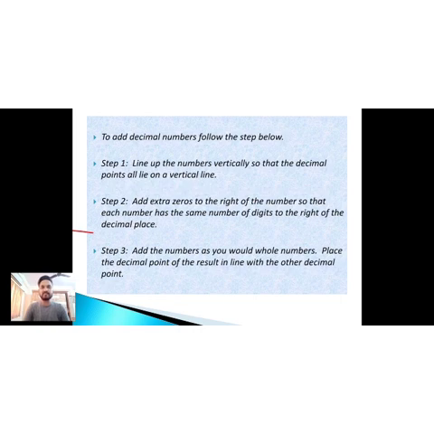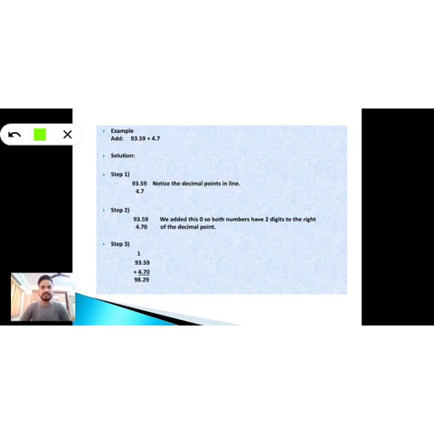By these 3 steps, we are going to add new numbers. Take an example, add 93.59 plus 4.7. Now the solution is: by the first step, we have to place the values after the decimals. It means here you see 93.59 and just below we write 4.7.